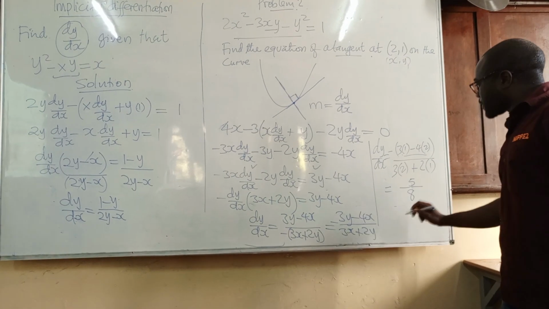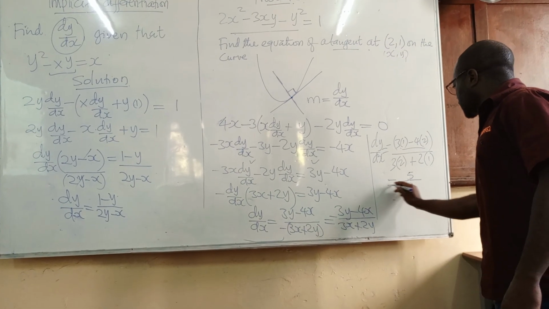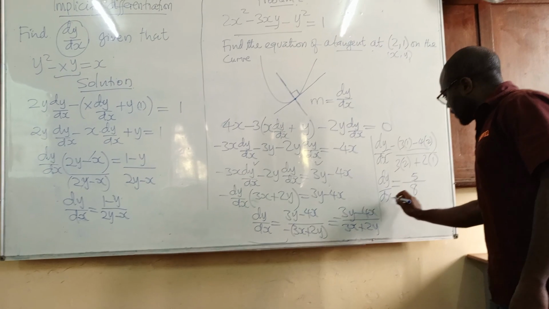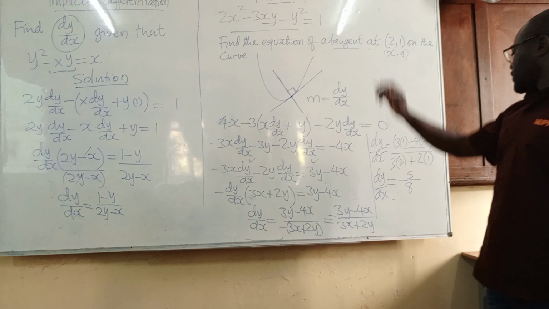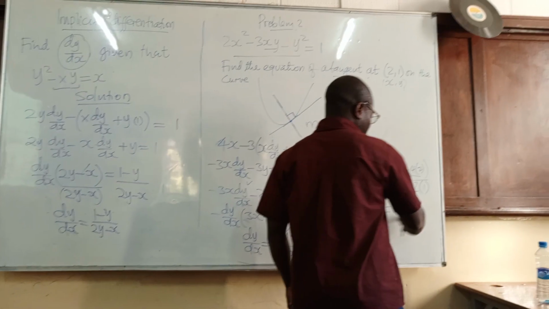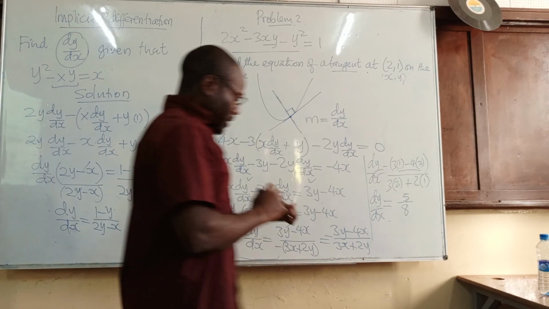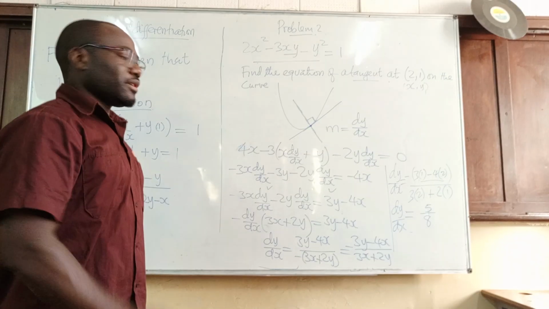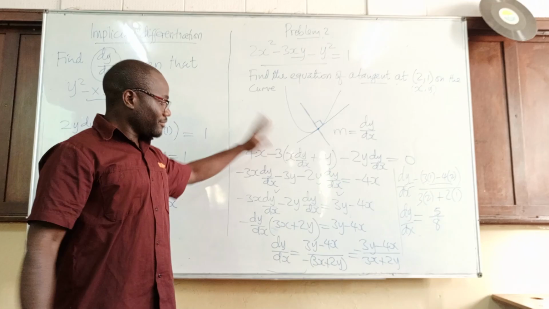The answer is 8. So this, my friends, is the value of the gradient from the derivative of this implicit function. If you want, you can even write this as a decimal, or leave it as a fraction, the way it is.